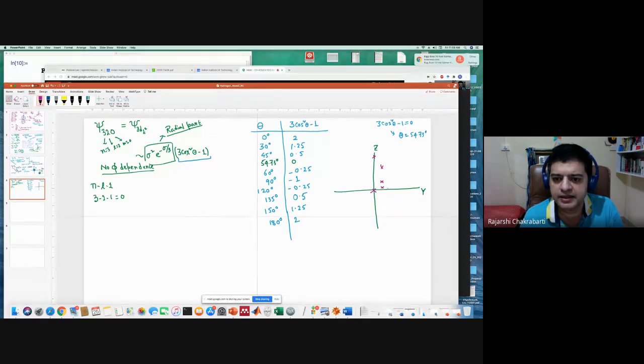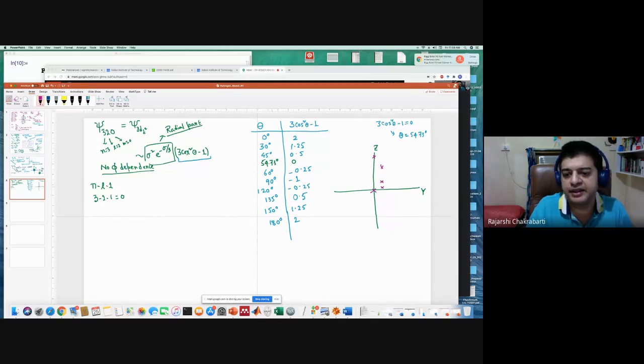Then the value at 135 degree will be somewhere higher here. Sorry, 60 degree is this point. This is 54 degree, and this point is 60 degree.